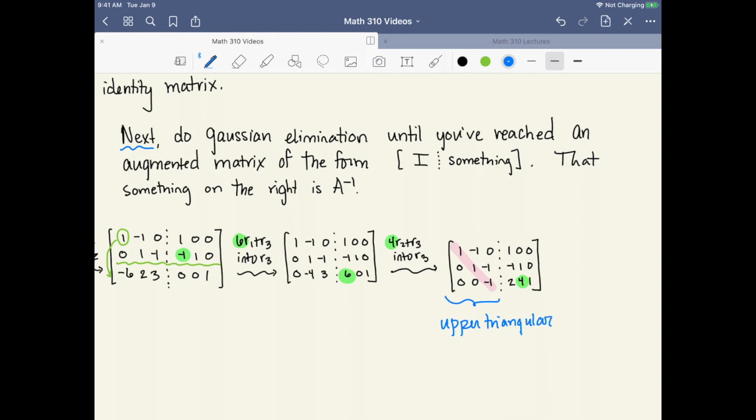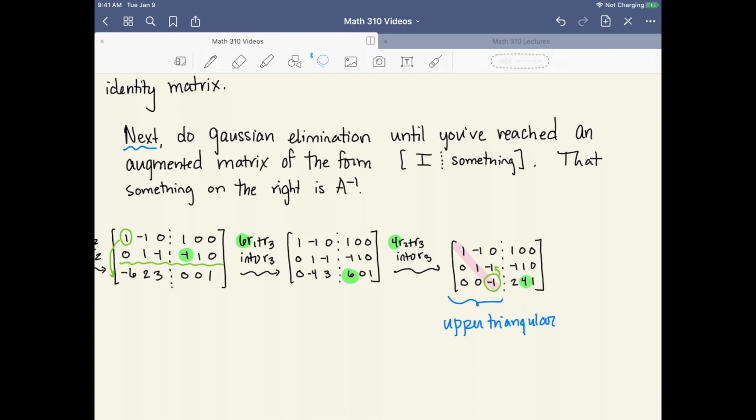But we're not done. We need to continue pushing the row operations. So even though we would probably be able to read the solution of a system of equations from a form like this, we're going to keep going. We want to now start using this entry as our pivot to eliminate the entries that are above it, and then continue from right to left.